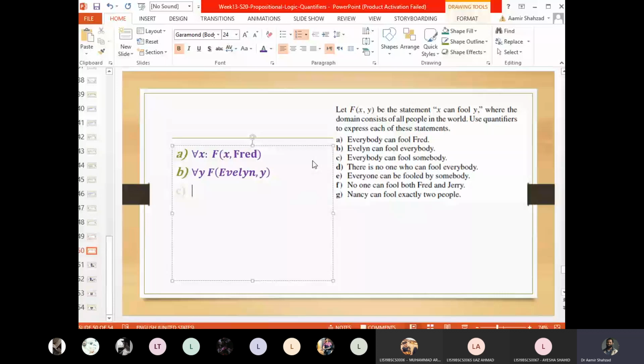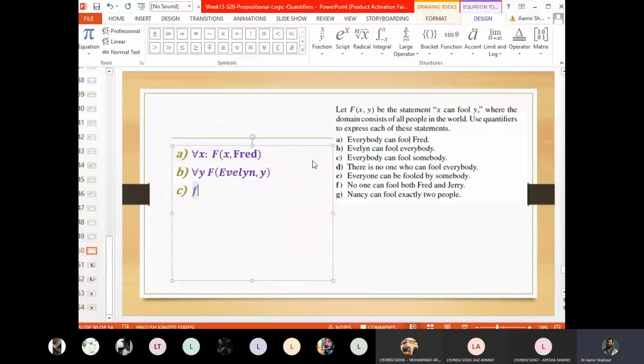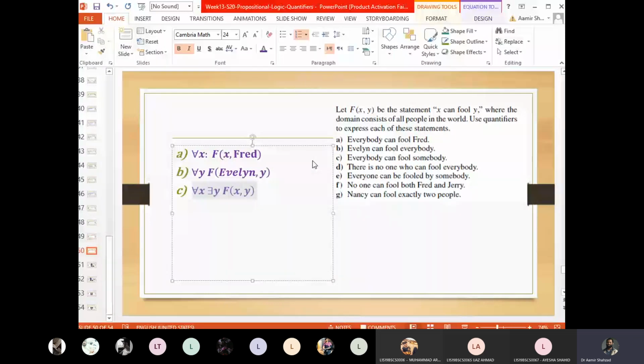So for all x, there exists some y such that F of x, y. So for all x, there is someone who gets fooled by x. So everybody can fool somebody.